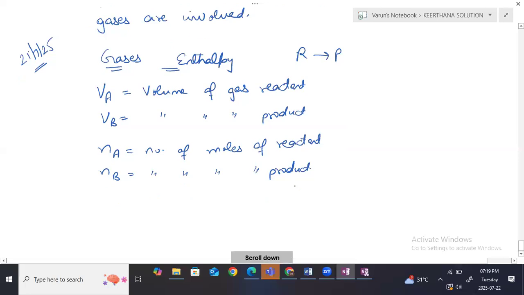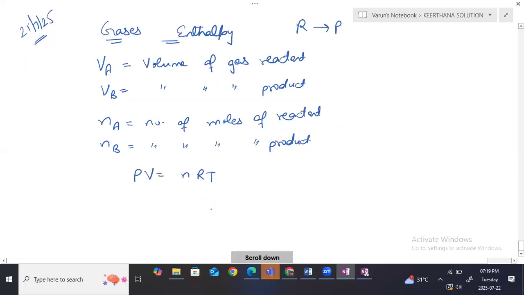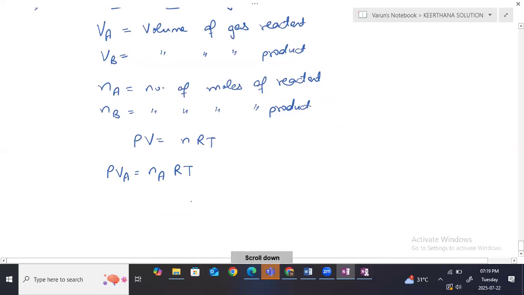As we know, we have an ideal gas equation, PV is equal to nRT. If I write an ideal gas equation for reactants and for products separately, for reactants PVA is equal to NART, as R is a constant and T is also constant. And for products, PVB is equal to NBRT, right?